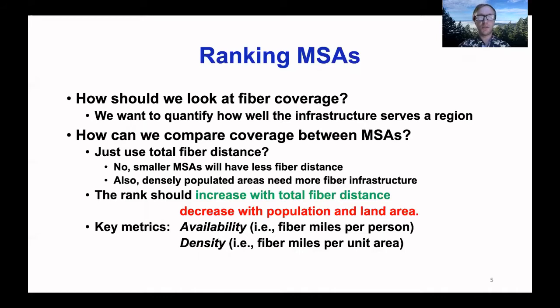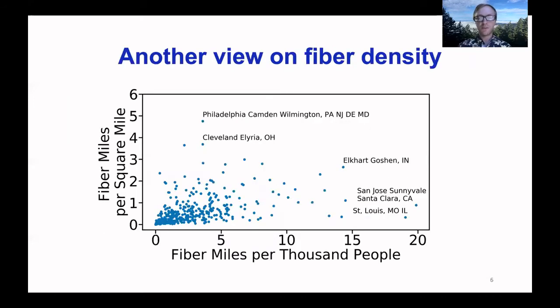So we looked at 2 key statistics, availability and density, where availability measures the number of fiber miles per person, and density represents the number of fiber miles per unit area. This graph shows both of those measures plotted together. And here we also see some interesting takeaways.